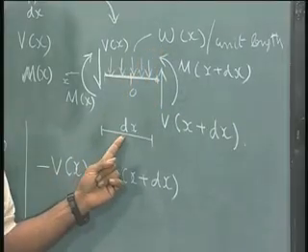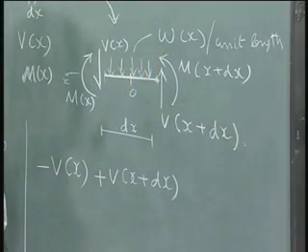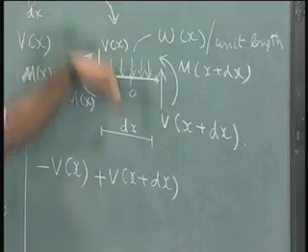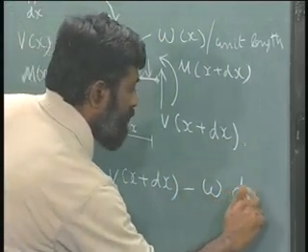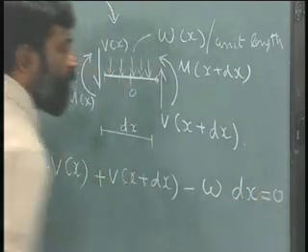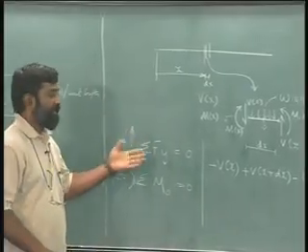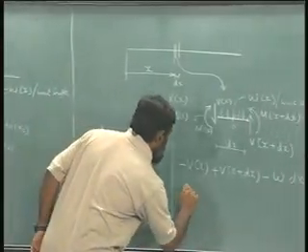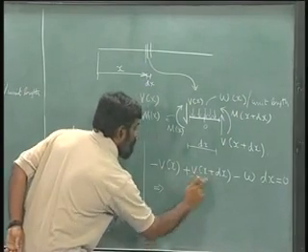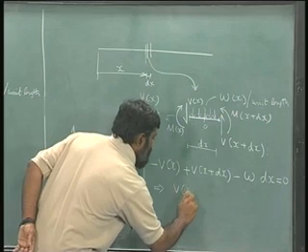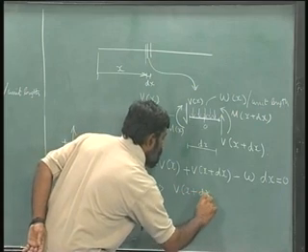So, W times dx is the total force and it is acting downward. So, minus W times dx, the total should be equal to 0 for static equilibrium. So, this immediately reveals, I am going to write this in a way that you already know.